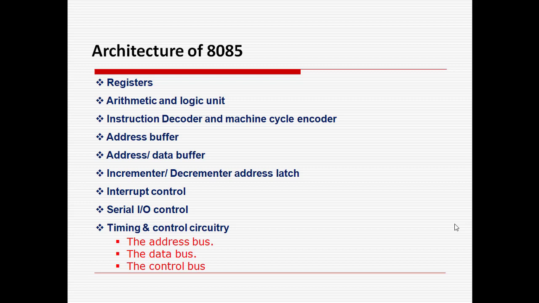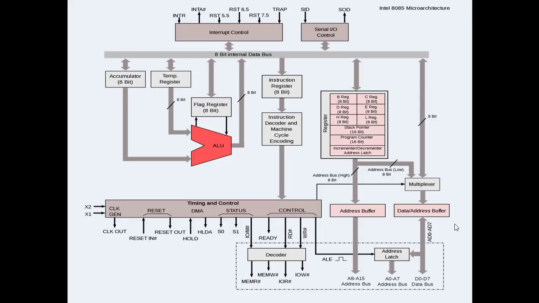The ALU performs arithmetical and logical operations like addition, subtraction, increment, decrement, etc. And it has the instruction decoder and machine cycle encoder, address buffer, data buffer, incrementer and decrementer latch, interrupt control, serial I/O control, timing and control circuitry. These are the basic functional blocks in the architecture.